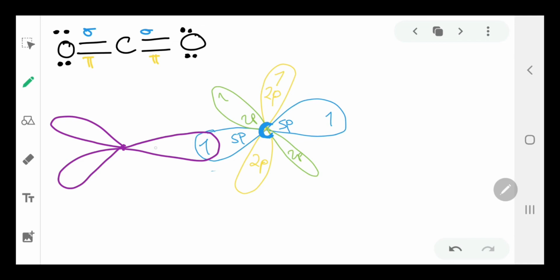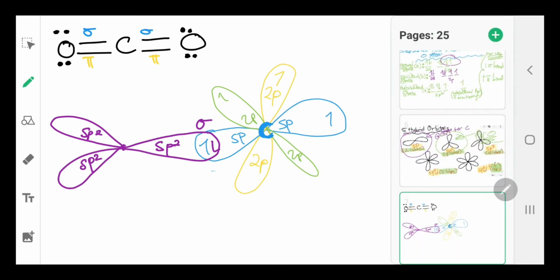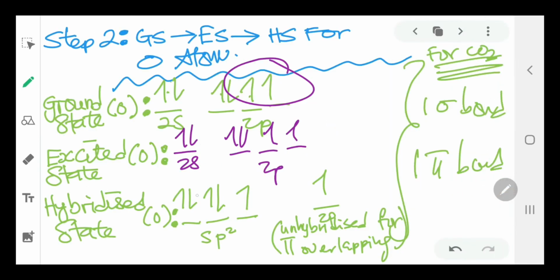So you have sp2, sp2, sp2. You have 1 electron being shared over here, and that is your sigma bond. And in these 2 lobes, you do remember we have 1 and 2 lone pair.